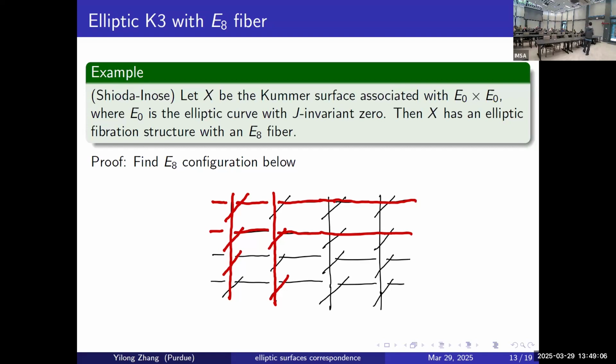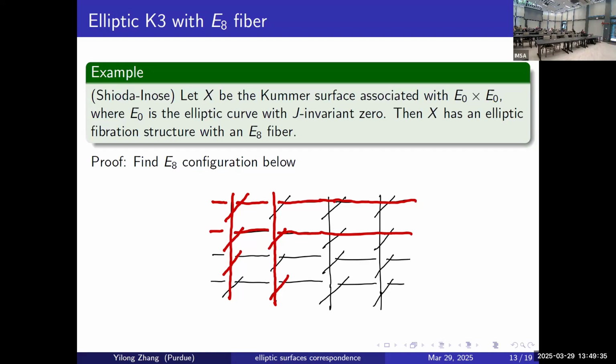What they showed is that if you start with the Kummer surface associated with two elliptic curves, then you have involution maps on the elliptic curves, which has 16 fixed points.